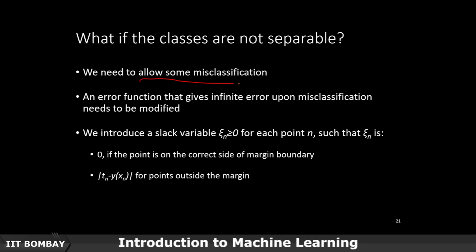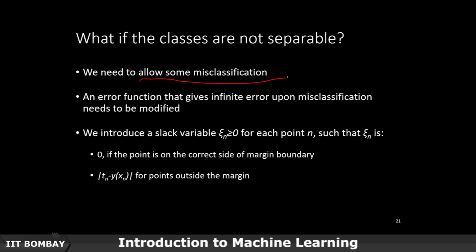So if we want to allow for some misclassification, what we saw in linear SVM is that we introduced slack variables, and those slack variables were allowed to have value greater than 0 for the points that were intruding into the margin and greater than 1 when they were misclassified.